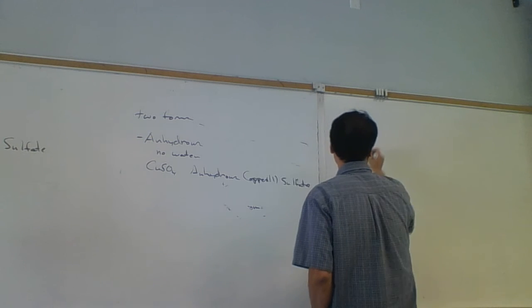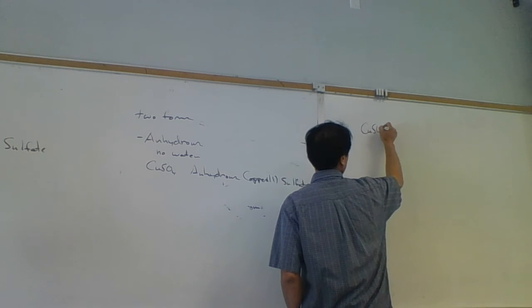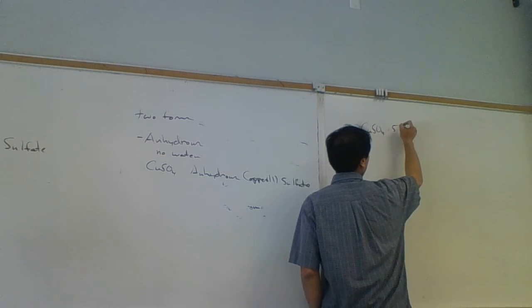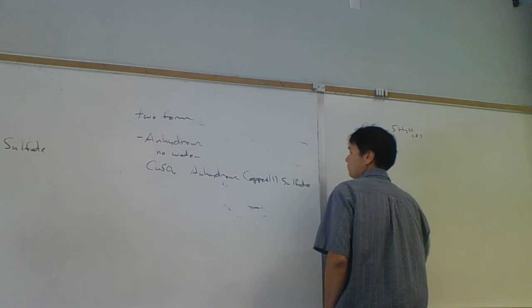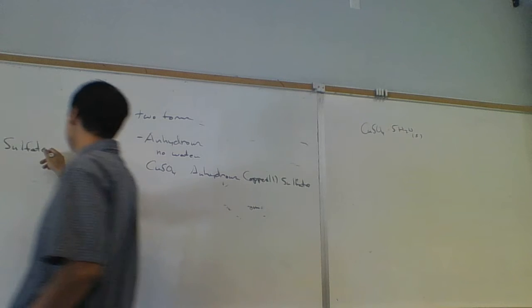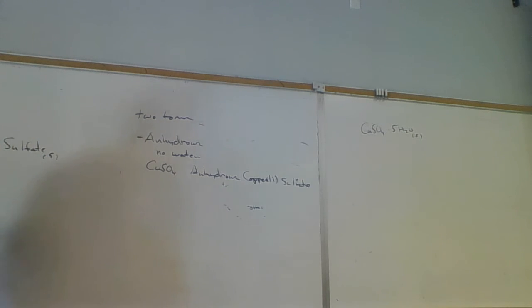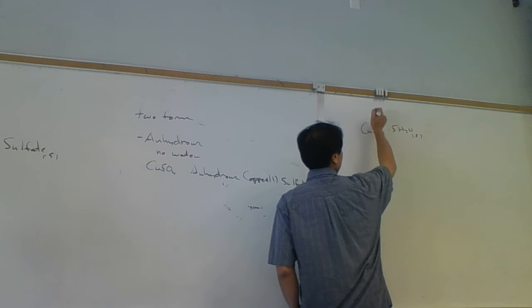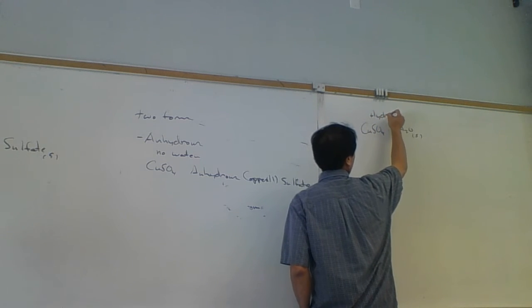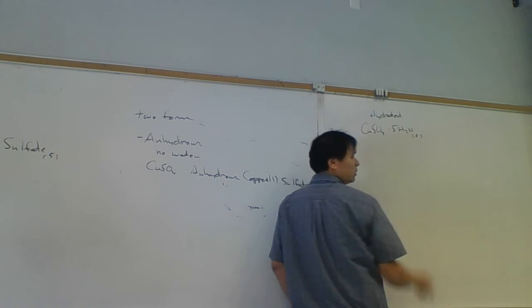The other one that you can buy looks like this. It's going to be CuSO4·5H2O. Both of these are solid. This is copper 2 sulfate, but we have to call this something else. This is the hydrated form, and it doesn't look wet with water.